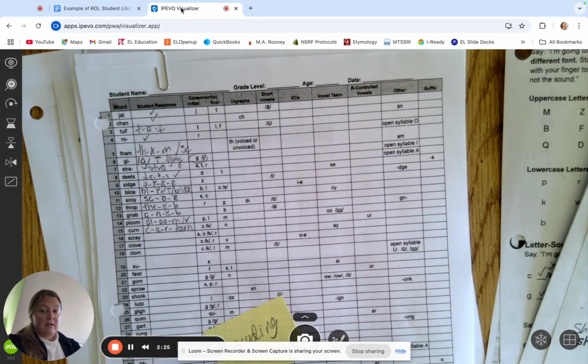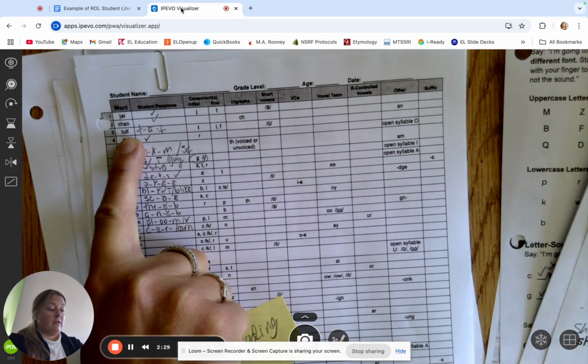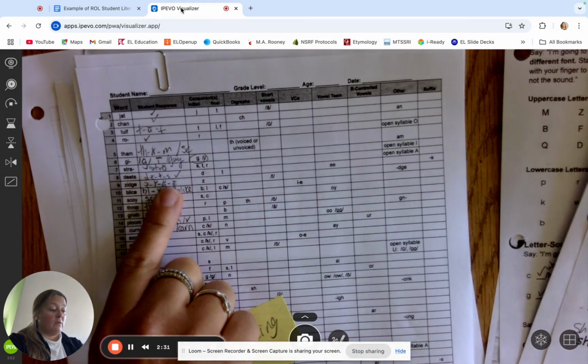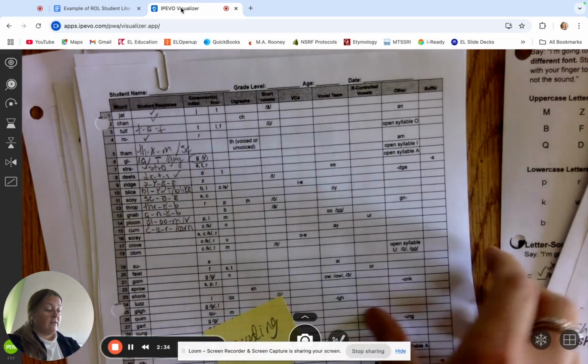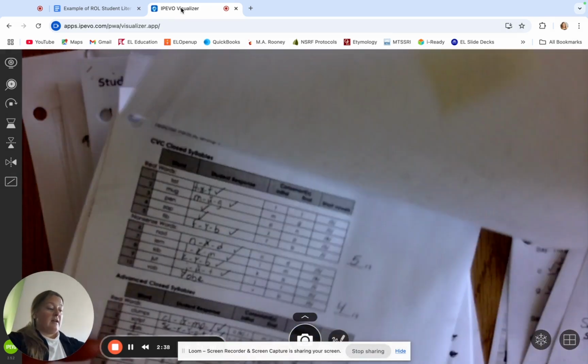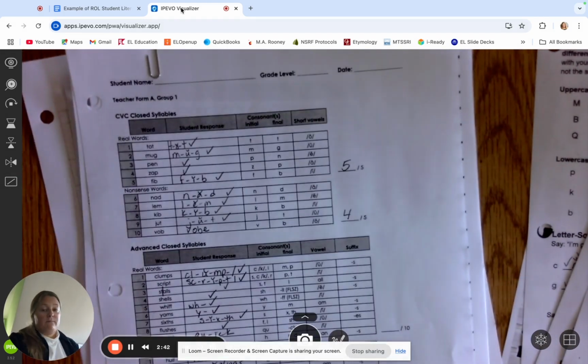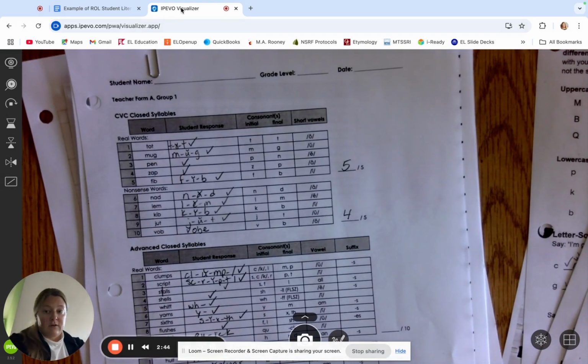I don't need to keep going because now I'm at the point where I'm seeing they're struggling with short vowels and letter sounds. So in this case, I stopped and then I gave a more specific decoding screener.